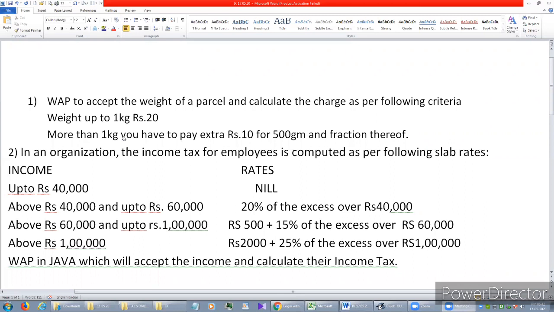Please listen carefully. The weight is 1 kg 501 gram. So what is the amount the customer has to pay?